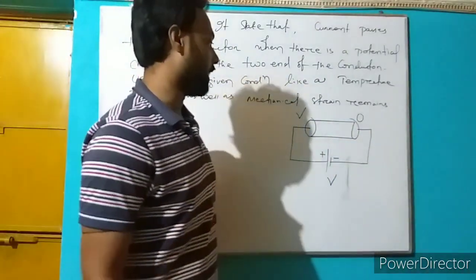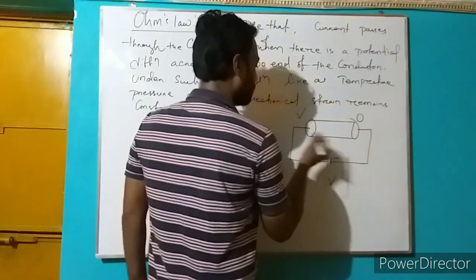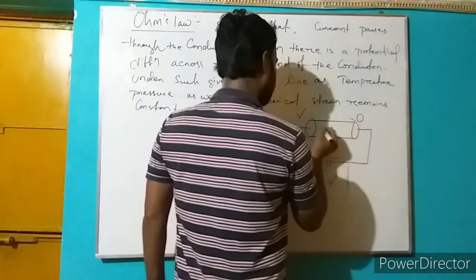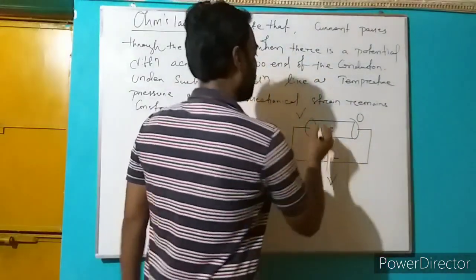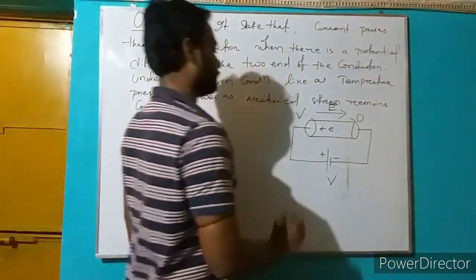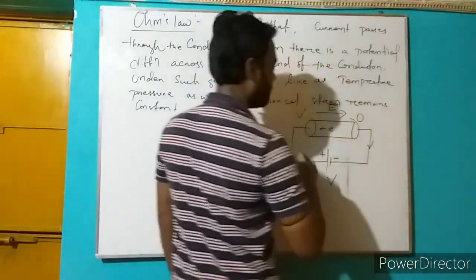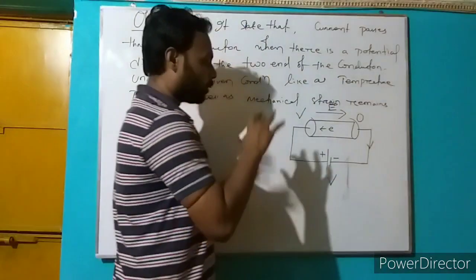You know that thing, I have already discussed. That means what will happen? The electrons inside the conductor also move opposite to the external electric field. Clear? That's why a current is drawn in the circuit and it moves continuously in a closed circuit.